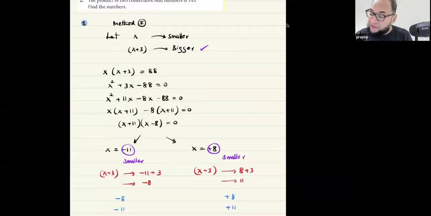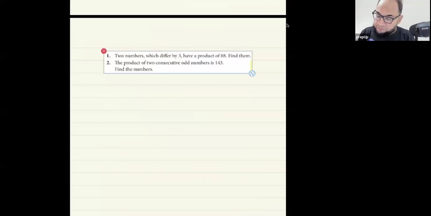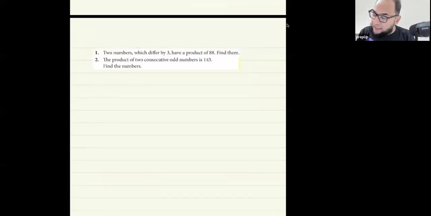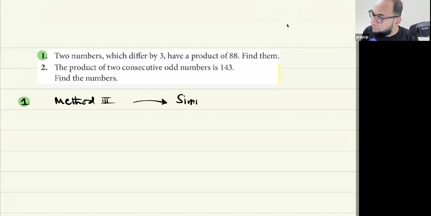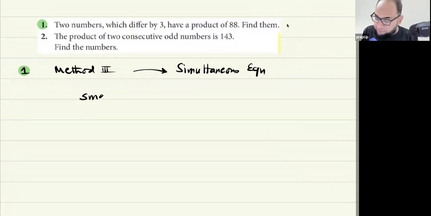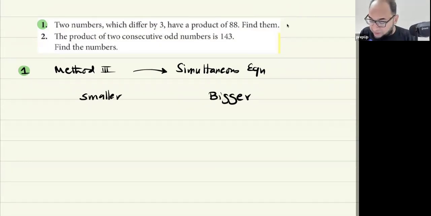I can also solve it using one other method. What is that? Can anyone guess this? The other method is method number 3, that is simultaneous equations. There is a smaller number and a bigger number. The smaller is x, the bigger is y.